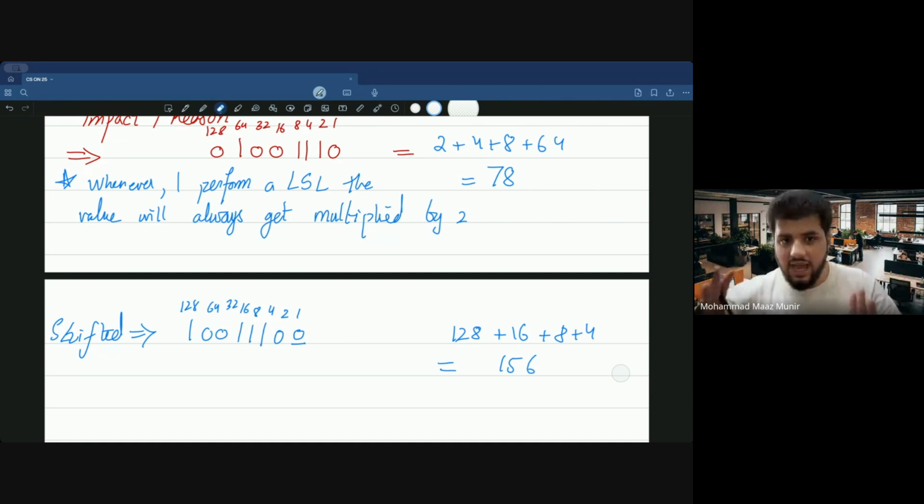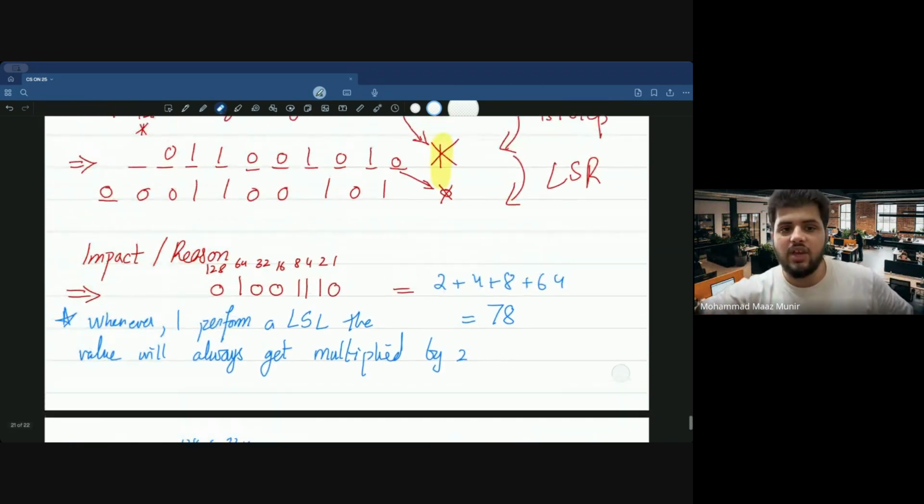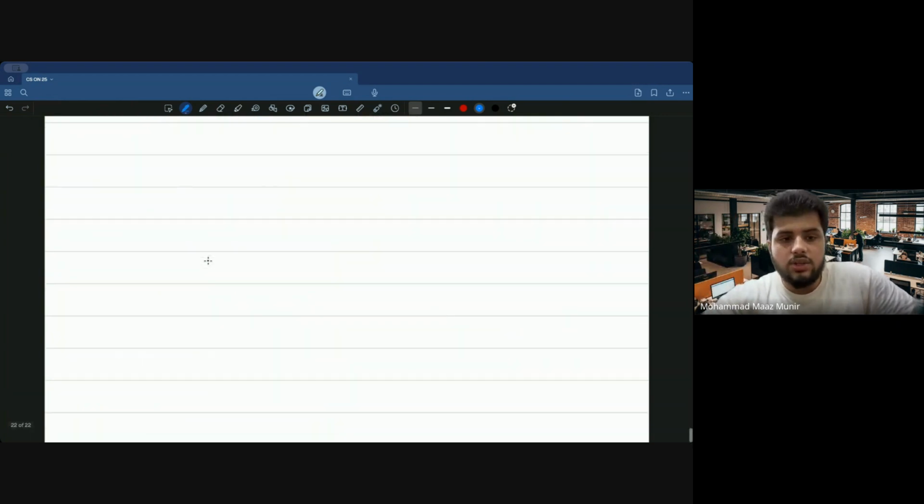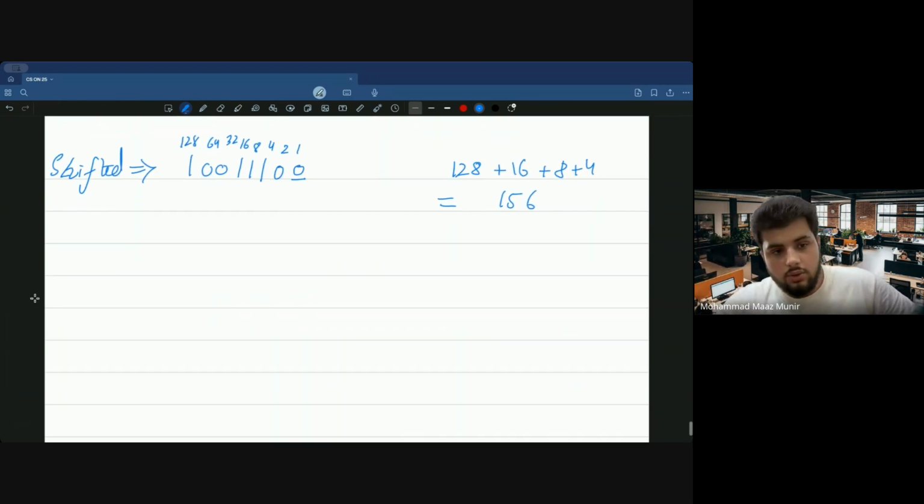A question can come that when we have the 8-bit and then a bit goes out, like this 0 goes out, we ignore the 0 and an error is caused. Write the name of the error. So the error name is basically overflow.